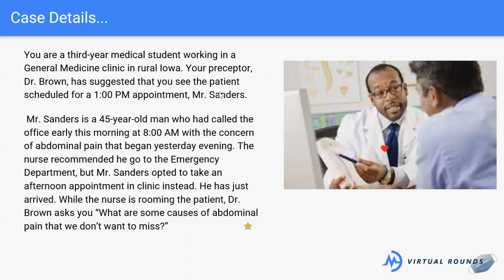So when we think of somebody who's presenting with abdominal pain, what are some of the diagnoses that we might want to make sure that we rule out? Great, yes, a GI bleed, stab wound, absolutely, that can always happen. Anything else?